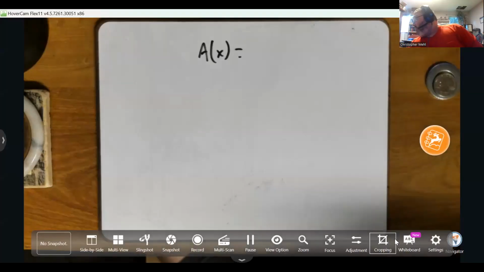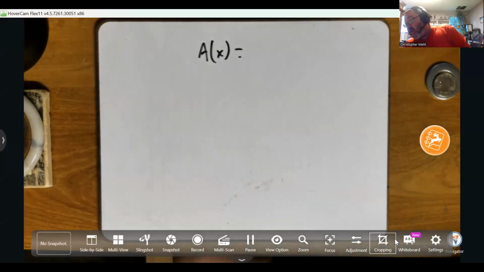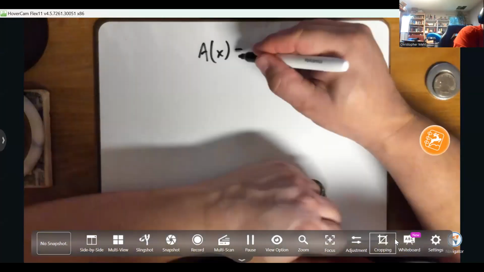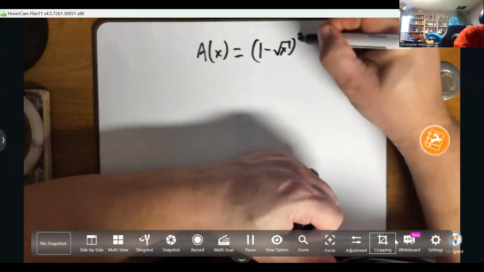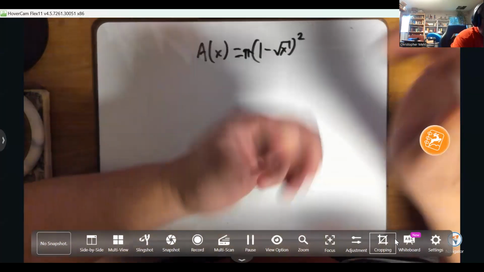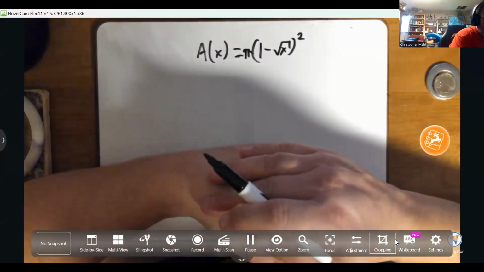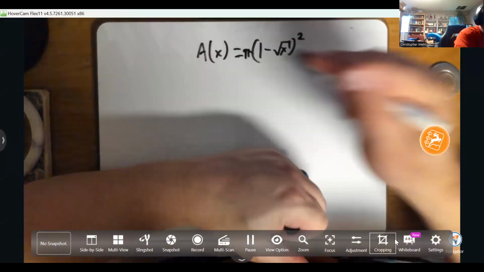What does the area of a cross section look like? It looks like 1 minus the square root of x, quantity squared, times pi. It's a disk, so pi times the radius squared, which is 1 minus square root of x, squared.